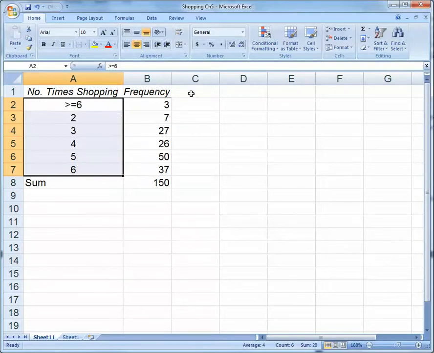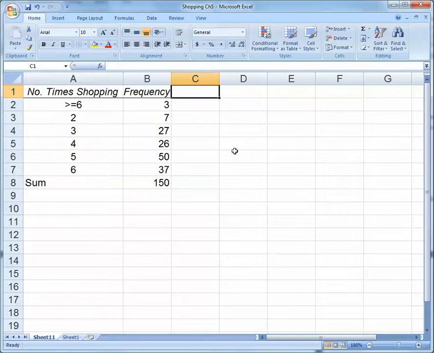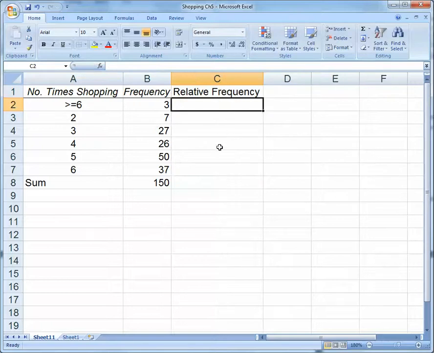I'm going to do one other thing over here. In this category, I'm going to calculate what's called a relative frequency. And all I'm going to do is take and divide the frequency by the total number of responses.